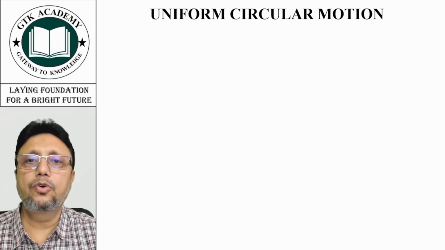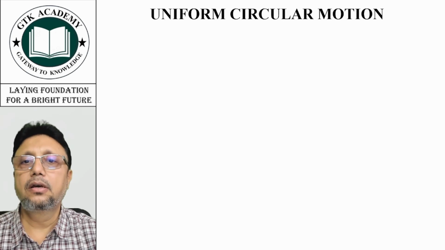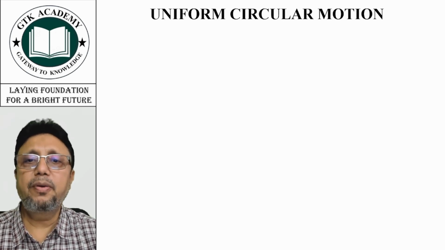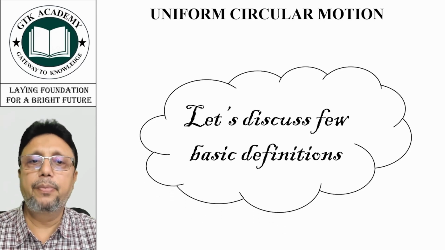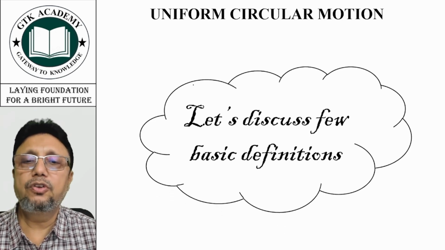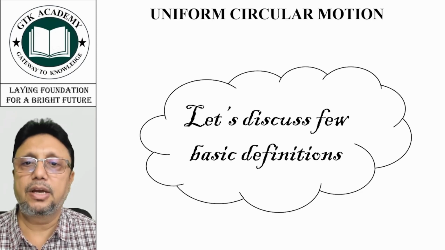And in case of non-uniform circular motion, we have an acceleration whose magnitude is not constant, it is variable, and also it is not directed towards the center. Now before we proceed further on this topic, let us discuss a few basic definitions which we are going to use extensively in this chapter.